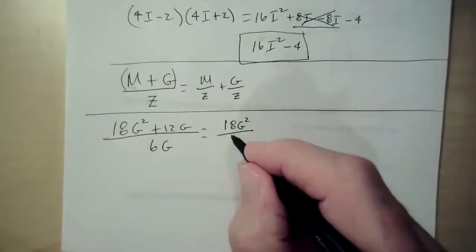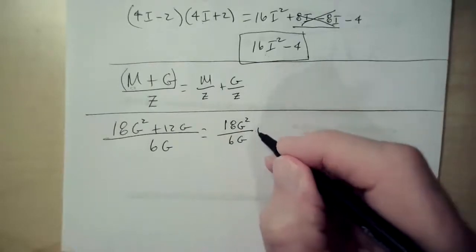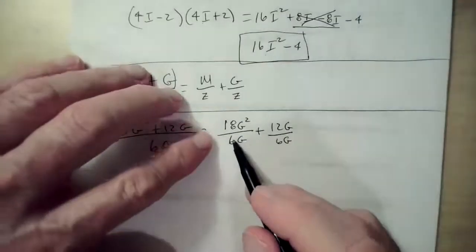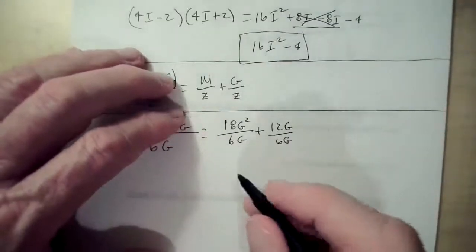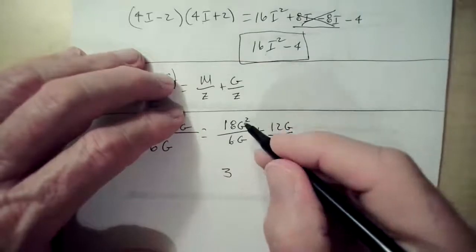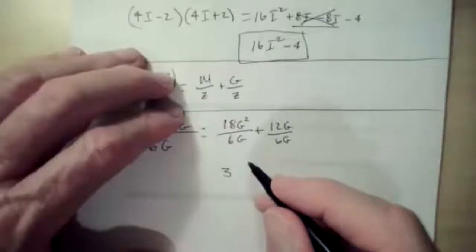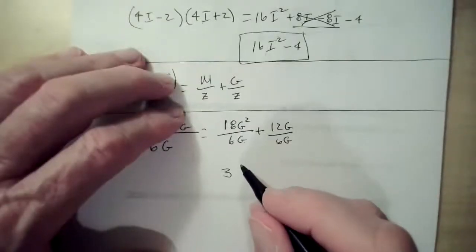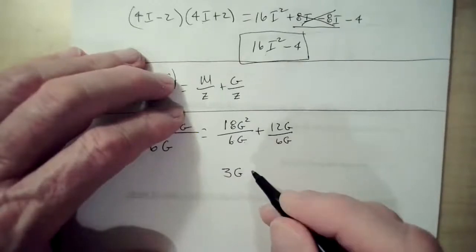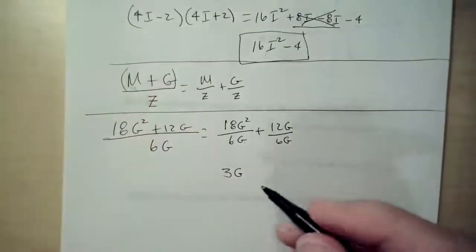All right, you get 18G squared over 6G, and then plus 12G over 6G. Good. Okay. Now 18 divided by 6 is what? 3. G squared divided by G is G. Good. Just G.